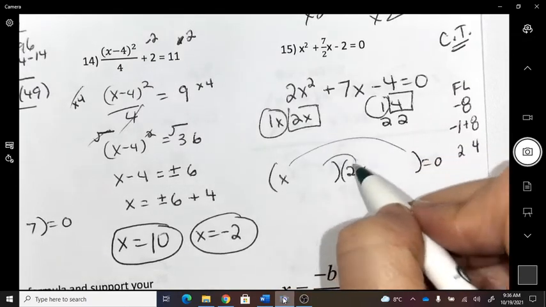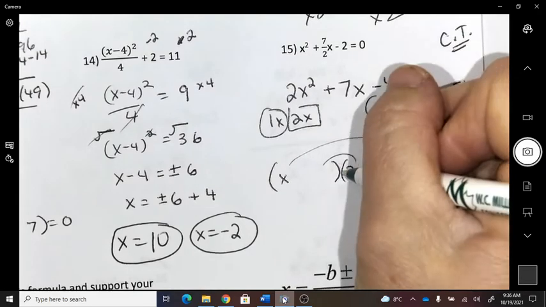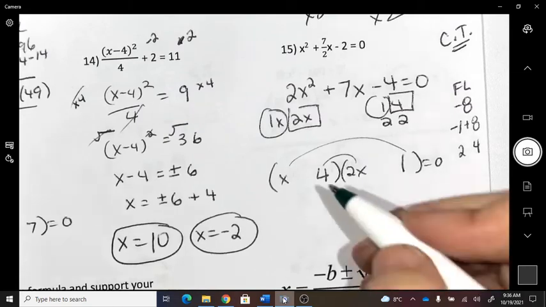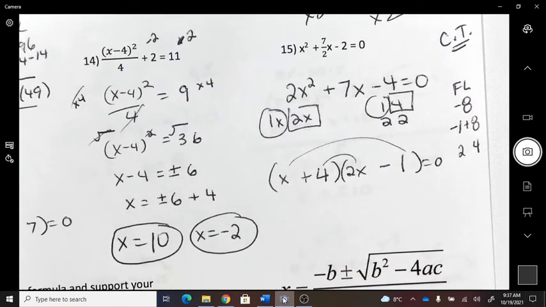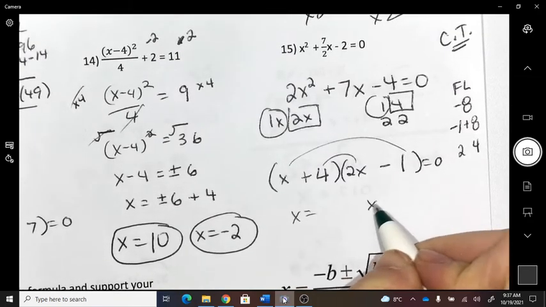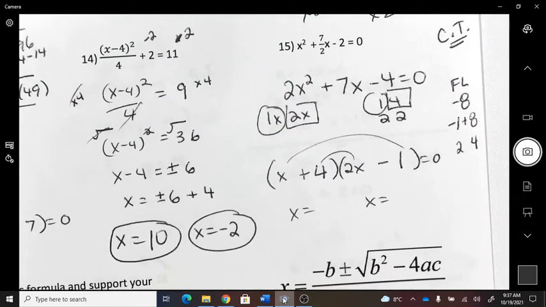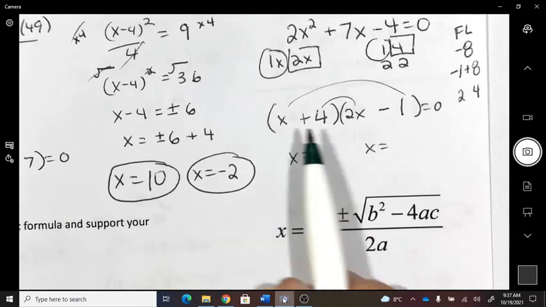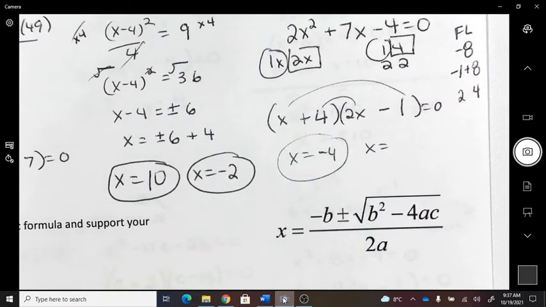I'm going to loop the O and the I. 1 with the 1, 2 with the 4. I have to make sure I have a positive 8x and a subtract 1x. The first answer is actually just a whole number, right? Because it's just a 1x, so it's -4. But that second is a fraction answer.